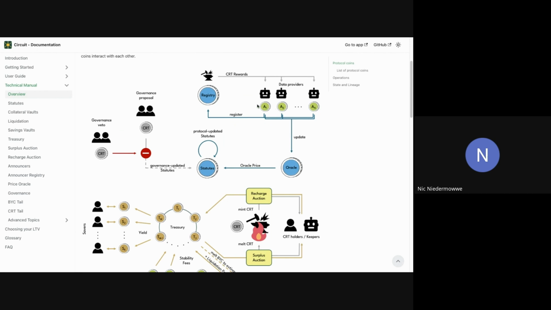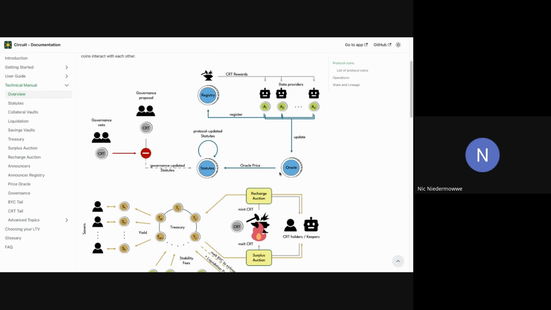So each announcer has a data provider, an entity that's reading off-chain data from centralized exchanges, and potentially some on-chain data as well from AMM pools, etc. What happens in an oracle price update is a keeper can come along and pick a number of these announcers. The oracle will calculate the median price, and that becomes the new price, which can then be fed into statutes to be used throughout the protocol.